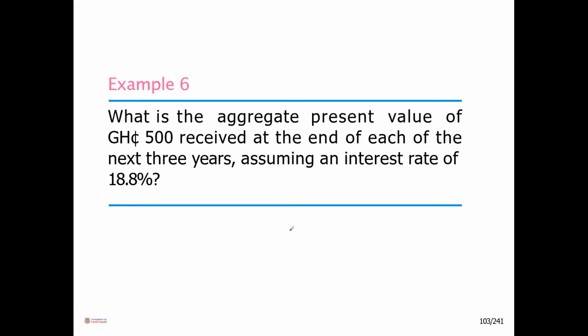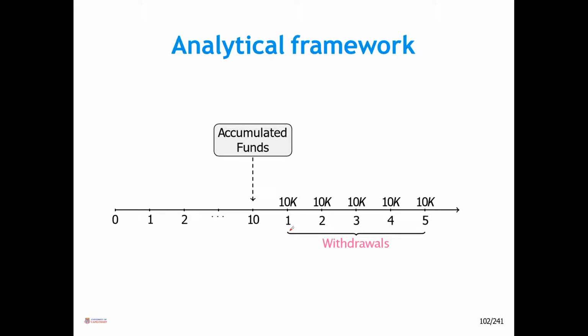Now let's see. She'll go to university in what? 10 years' time. Okay. And when she goes there, she will need 10,000 every year for 5 years. So technically, we are talking about 15 years from now.